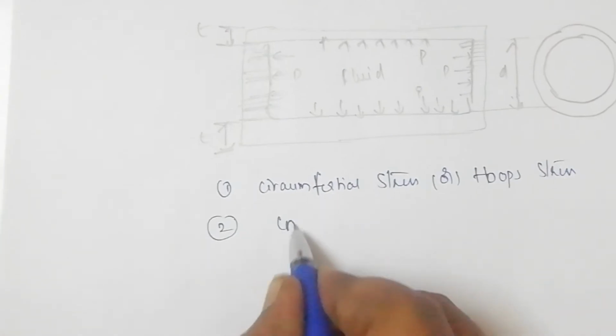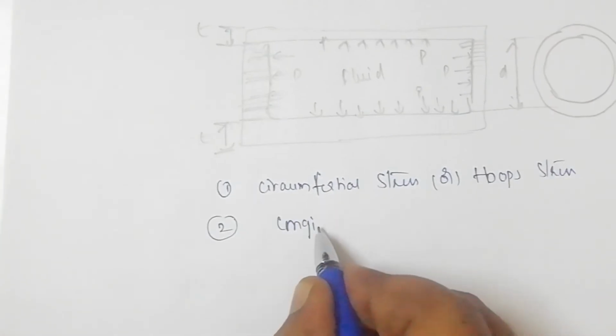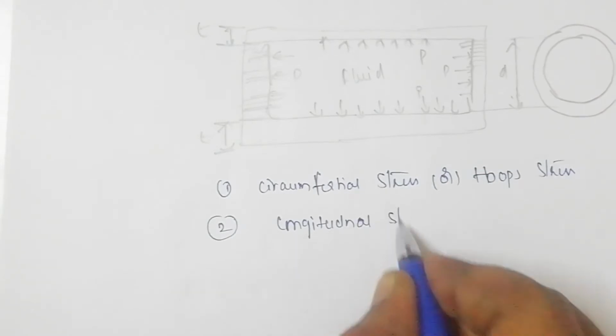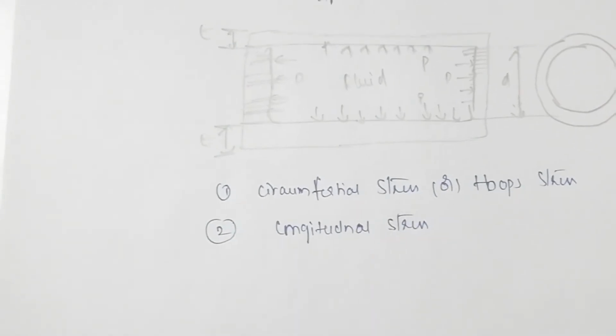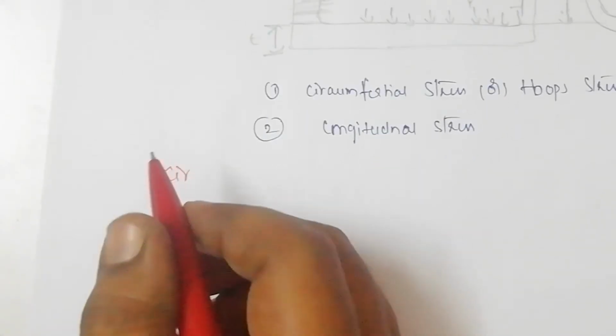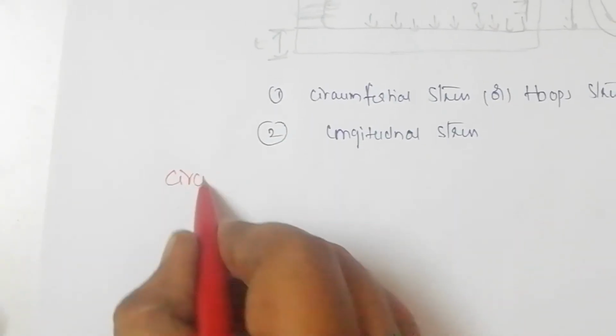Another is longitudinal stress. One is hoop stress, second one is longitudinal stress. So, first of all, let us see what this hoop stress is, then we will go for longitudinal stress, and we will get some formulas for circumferential stress, hoop stress, that is nothing but circumferential stress.